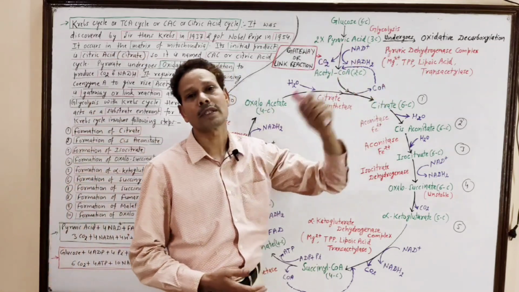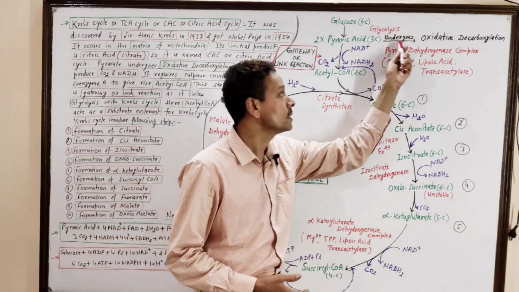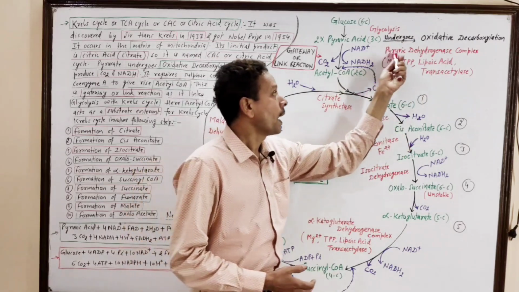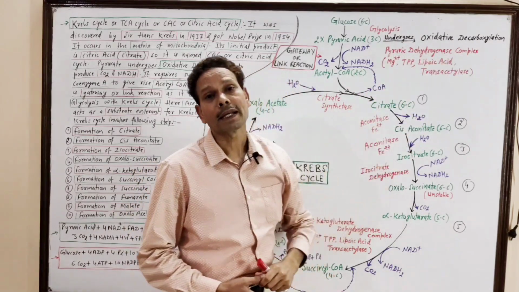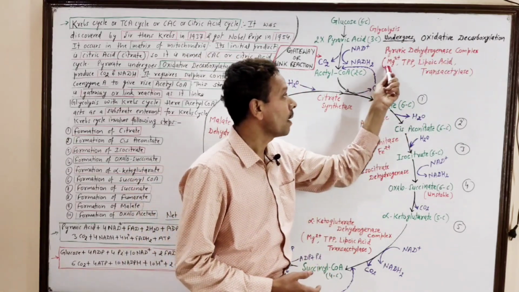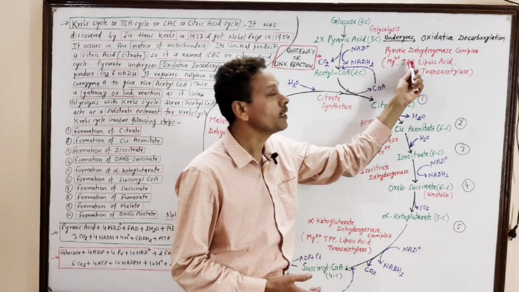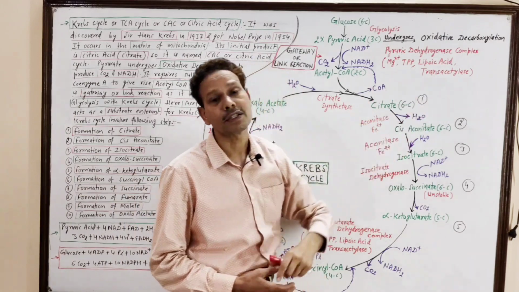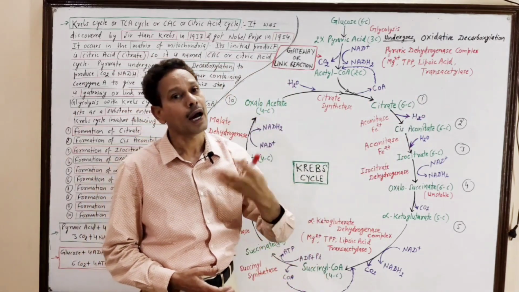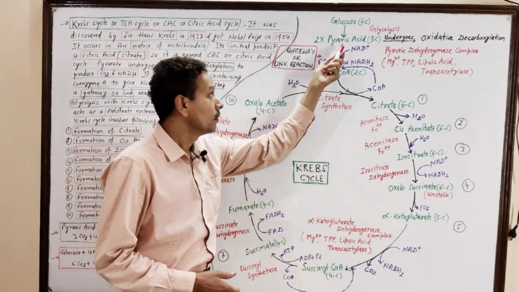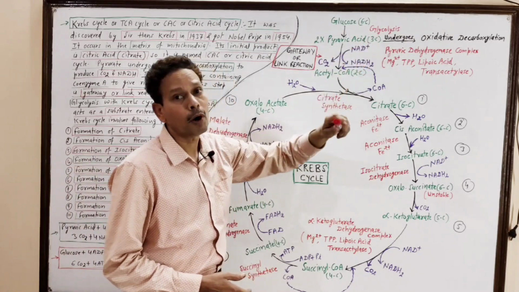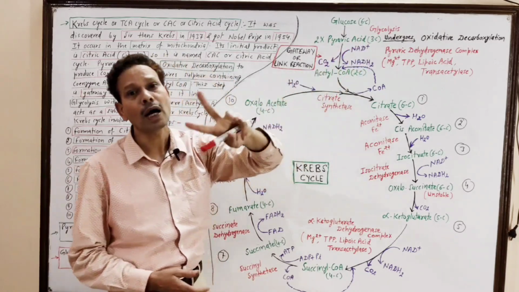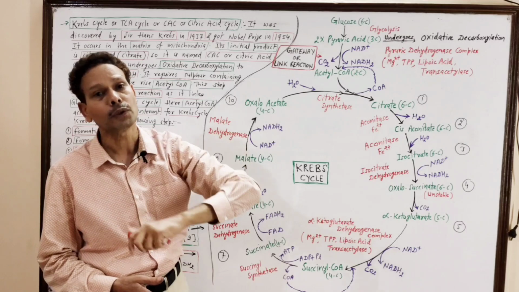This entire process involves the pyruvic dehydrogenase complex in which Mg positive 2 ions, TPP, thiamine pyrophosphate, lipoic acid, and transacetylase enzyme are involved. This 3 carbon compound removes 1 molecule of CO2.